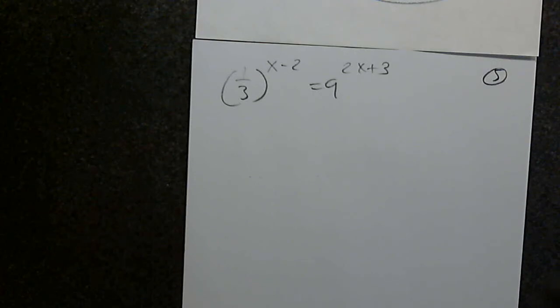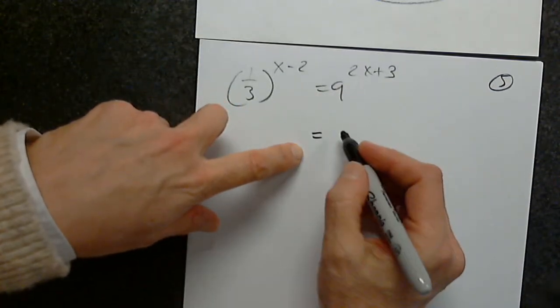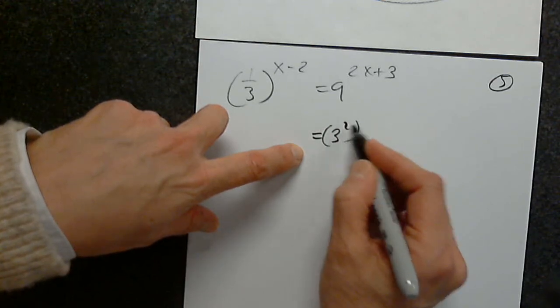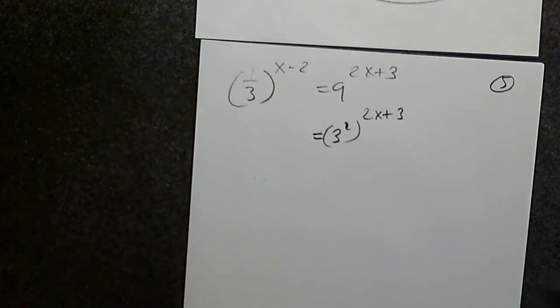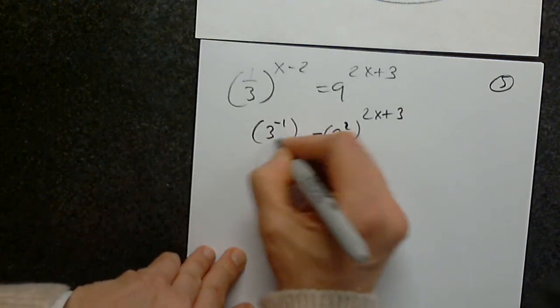I prefer and I really hope that both sides can be presented with the same base. So can they be presented with the same base? So the right-hand side is the easy one. So what will I have instead of 9? That's the only thing. There is nothing else. So I'm hoping that the left-hand side can be presented with the same base. Very good. 3 raised to negative 1.